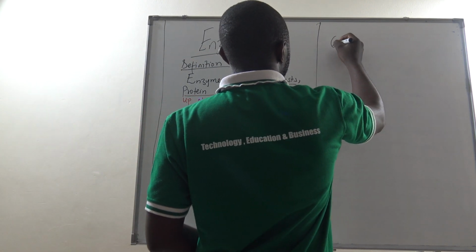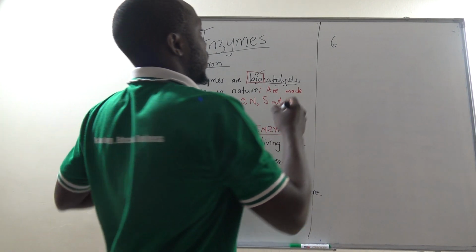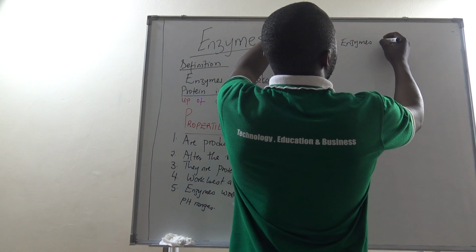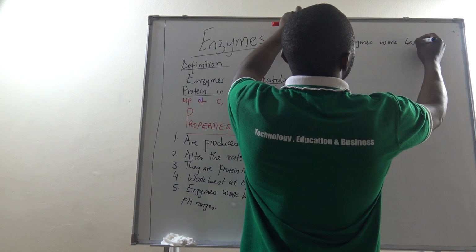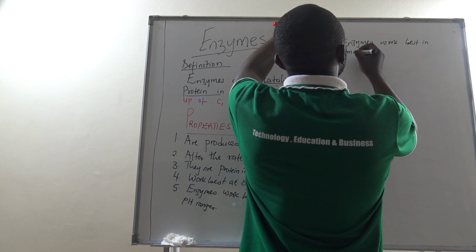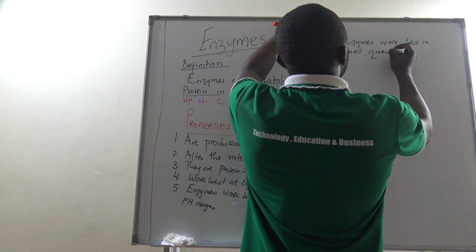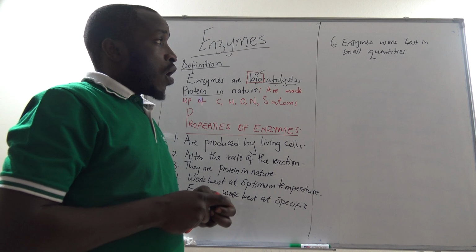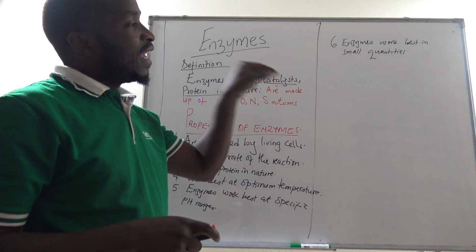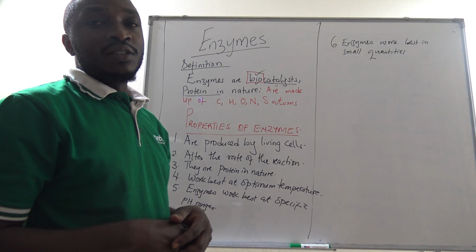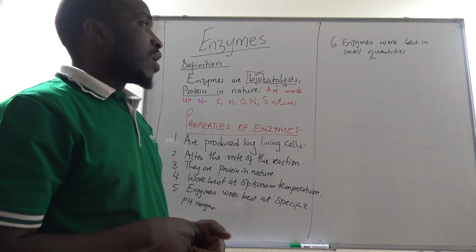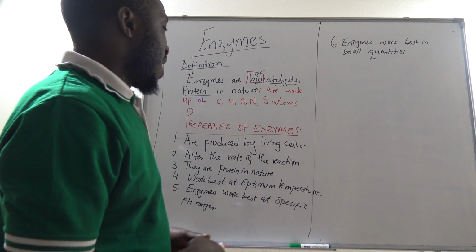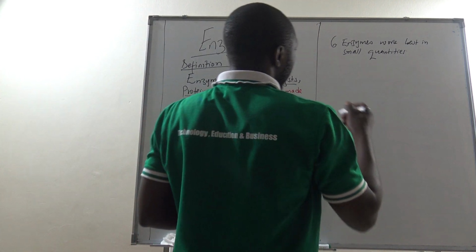Number 6, we can also say enzymes work best in smaller quantities. They work best in smaller quantities. Meaning, we are also going to see the effect of enzyme concentration on the rate of the enzyme controlled reaction. If they work best in small quantities, what happens when enzymes are very many? That will be expanded.